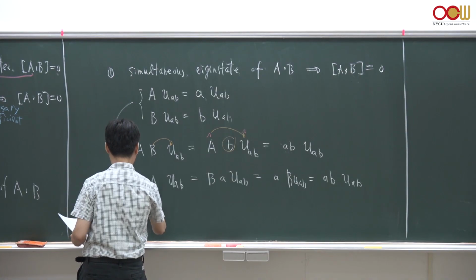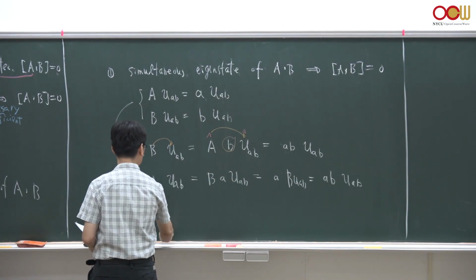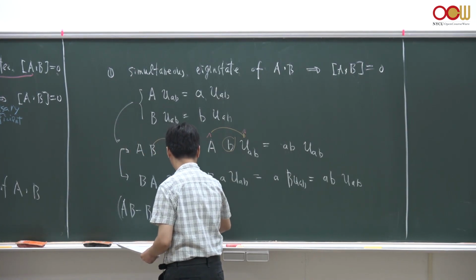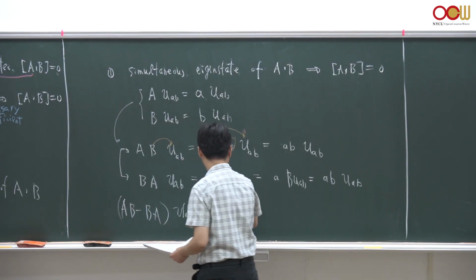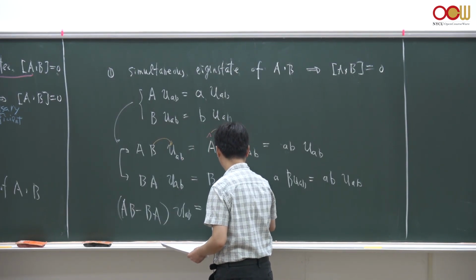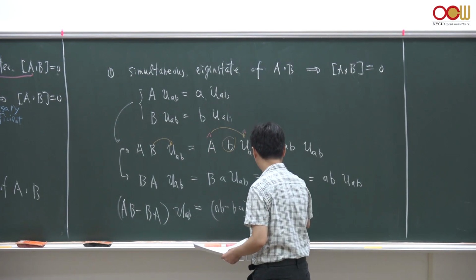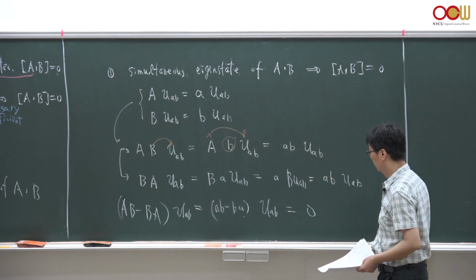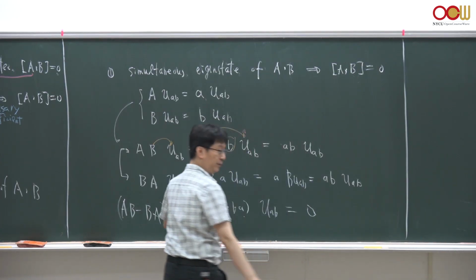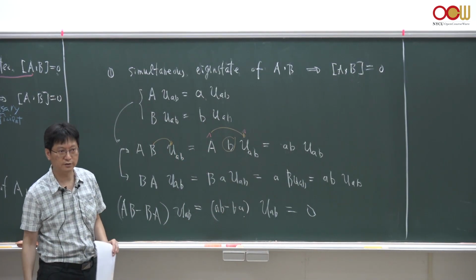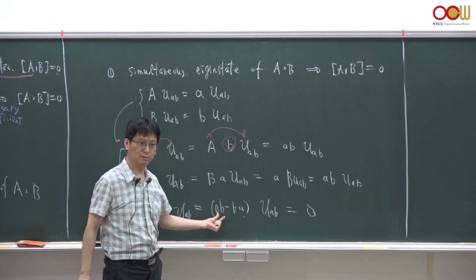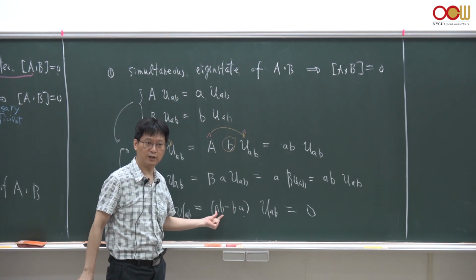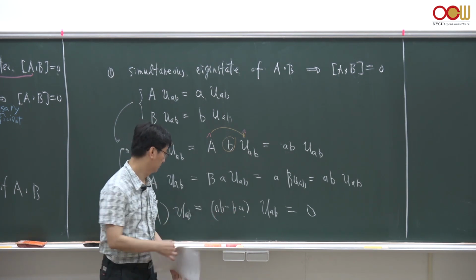AB minus BA acting on the UAB. You get little ab minus little ab times UAB, which is 0, because little a and little b are simply eigenvalues. They are just numbers. Little a times little b is the same as little b times little a, so ab minus ba is 0.